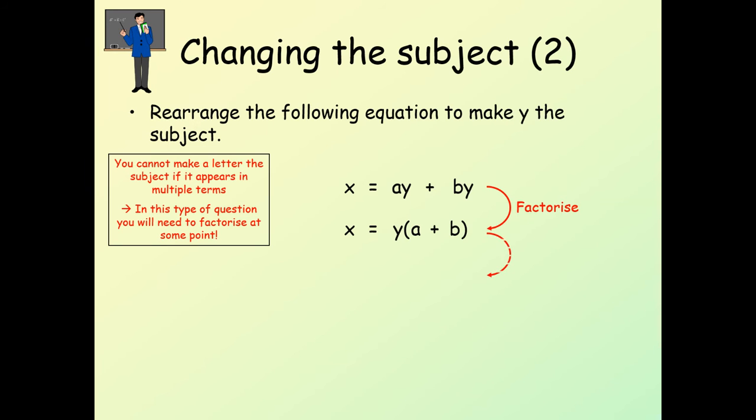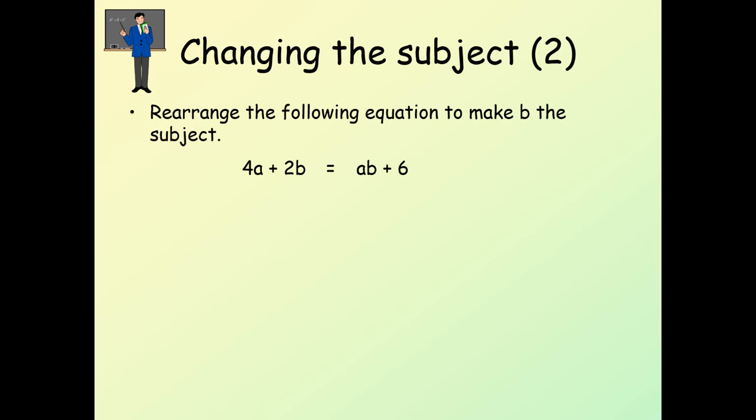So dividing by a plus b, so x over a plus b is equal to y, okay? Because if I'm multiplying by a plus b and then dividing by a plus b, they will cancel out, okay? And there you go, I made y the subject. And please remember, okay, just switch them around, because you need to make y the subject, so the y comes first. So you need to say y is equal to x over a plus b as your final step, okay?